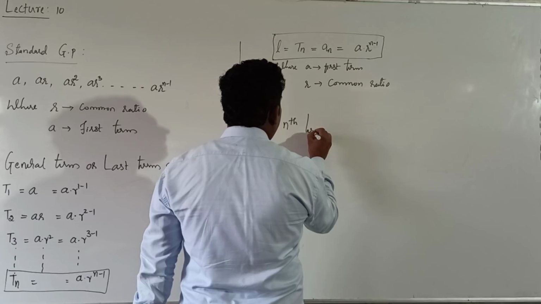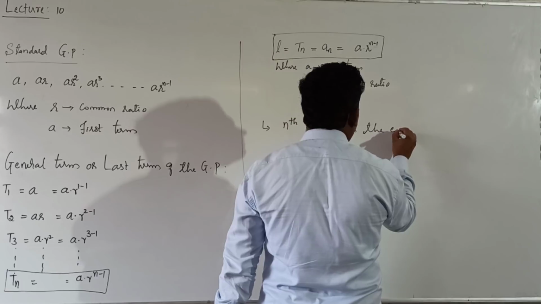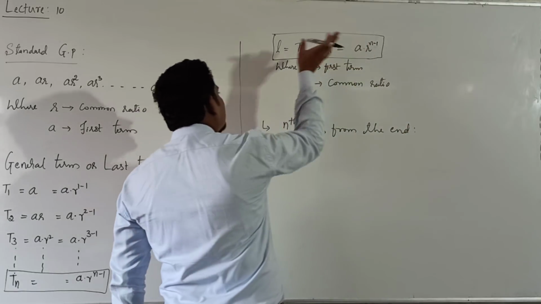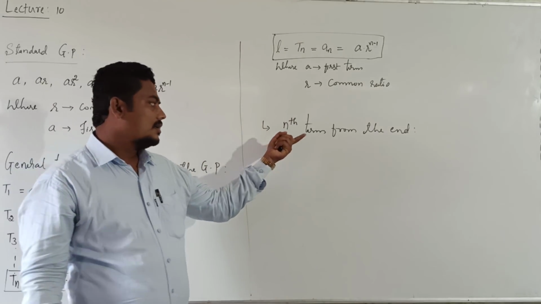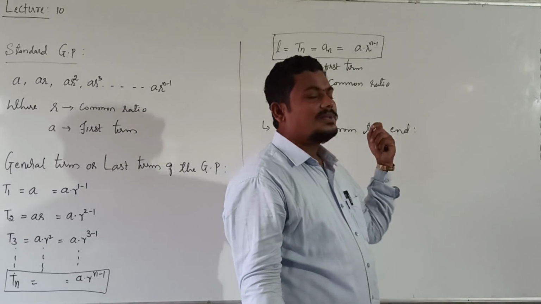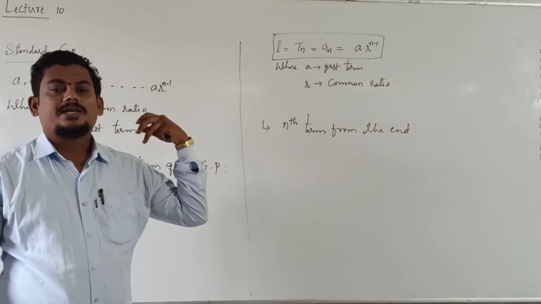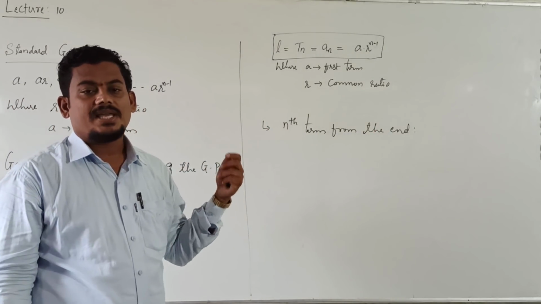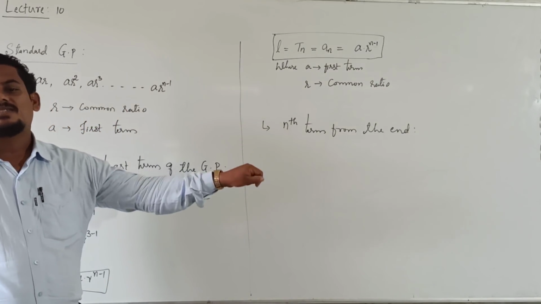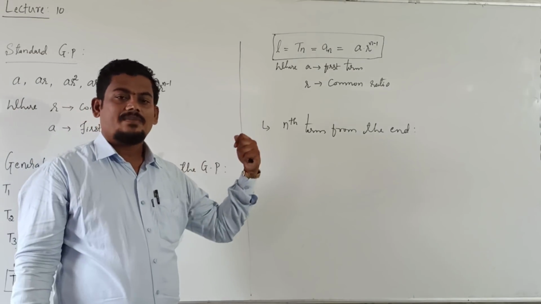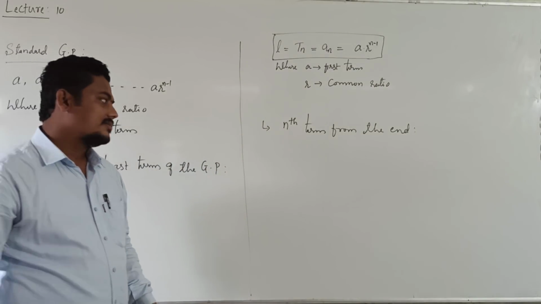We need to find nth term from the end. Suppose we want the 12th term from the end of the GP, or the 8th term from the end. We can find the 8th term from the left side as well as from the right side. From the left side means from the beginning. From the end means from the right side.